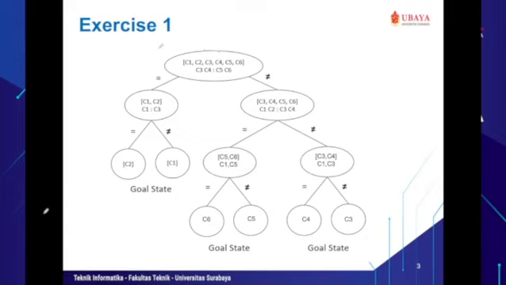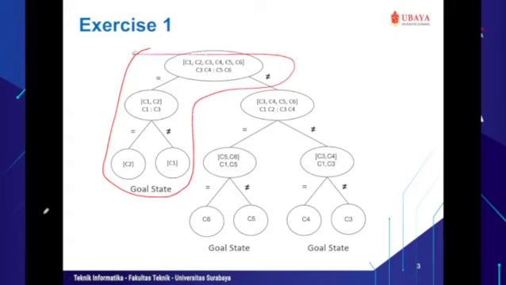So, in the previous exercise, I gave you examples of how to find the goal state on the left-hand side of the tree. And your task for this exercise is to find the goal state from this right-hand tree.